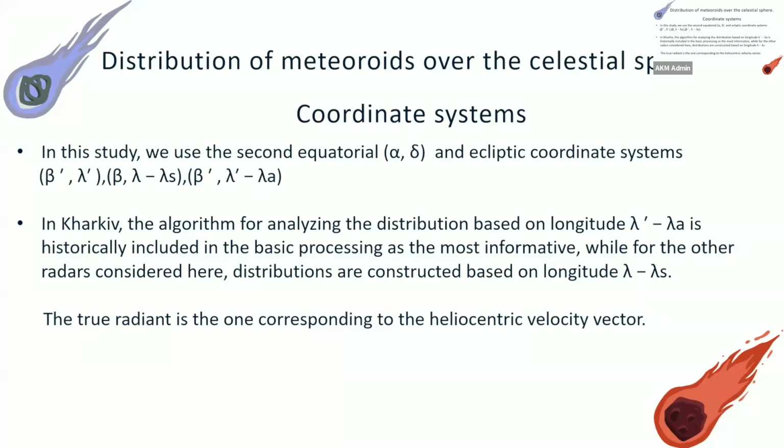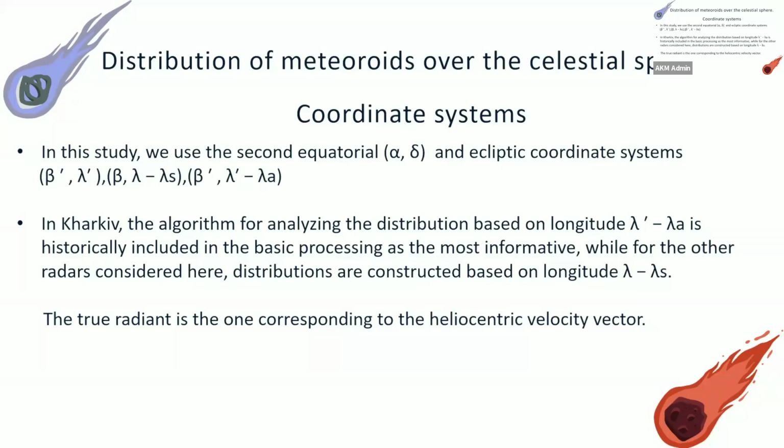It's very important that in Kharkiv, the algorithm for analyzing the distribution based on longitude lambda stroke minus longitude of apex is historically included in the basic processing as the most informative, while for other researchers and other radars, distributions are constructed based on longitude minus longitude of the sun.